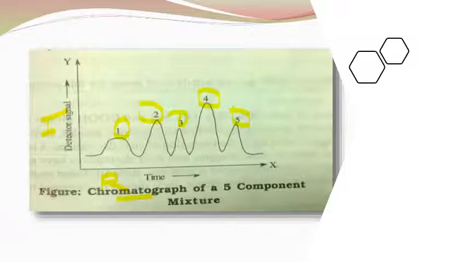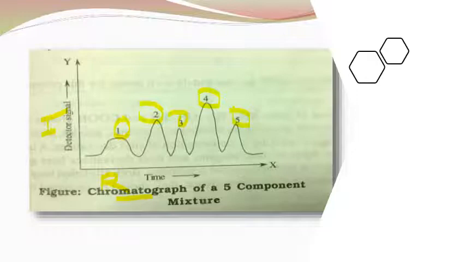The first constituent separated from the column is less soluble or has less affinity towards the stationary phase, so it elutes out first, with the lesser retention time.